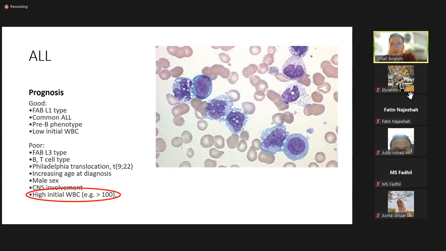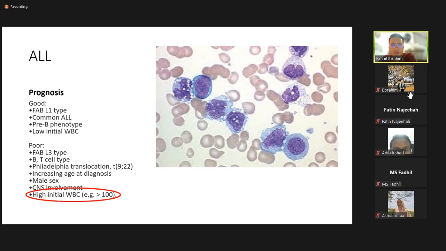One is whether it's acute or chronic, or based on their cell origin, either lymphoid or myeloid. So the first malignancy that I'm going to discuss is acute lymphoblastic leukemia, and they can present with a very high white cell count or pancytopenia, and we have a very good example in IM3 at the moment.